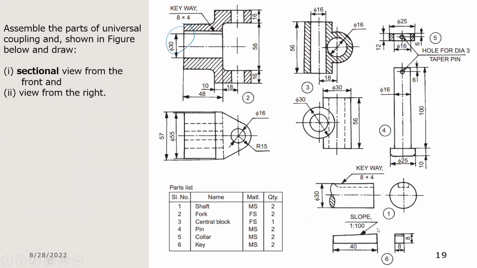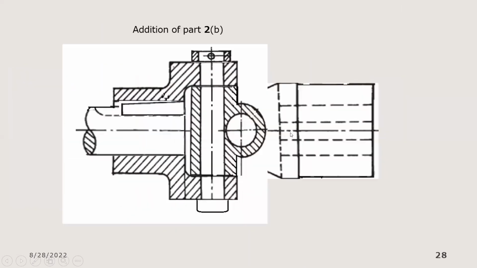Because part 6 has a dimension of 8 by 8. Now, when you look at the keyway, the description for the keyway on the shaft is 8 by 4. The keyway on the fork is also the same, 8 by 4. What it simply means is that half of the height of the key is going to be buried in the shaft, and the other half is going to hang in the fork. How would that look like?